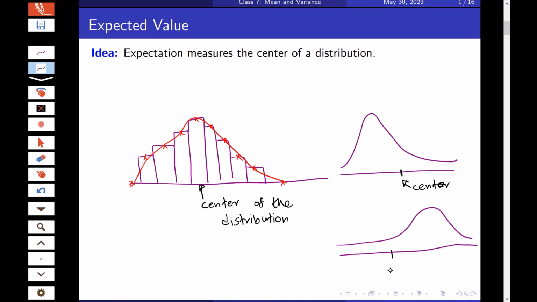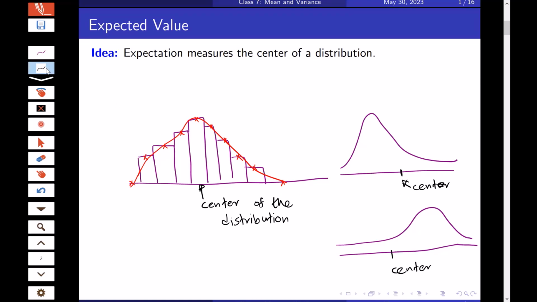If you have a long right or left tail, then the center will be towards the tail. That's how we can show expected value.